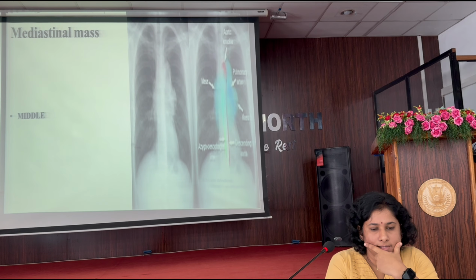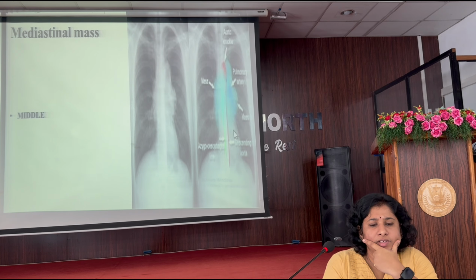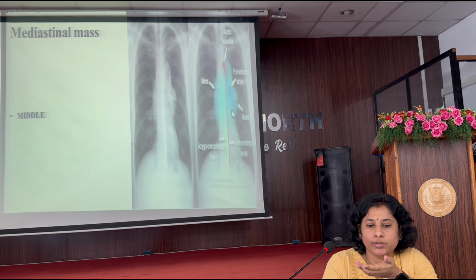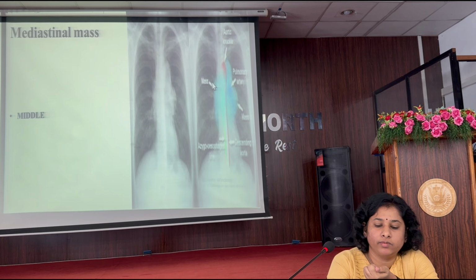Middle mediastinal mass usually arises from the great vessels or through the hila. So the hila, you can't separately see the hila. Hilum point is obscured. Any aneurysms, cardiac masses or hilar masses can give rise to it.